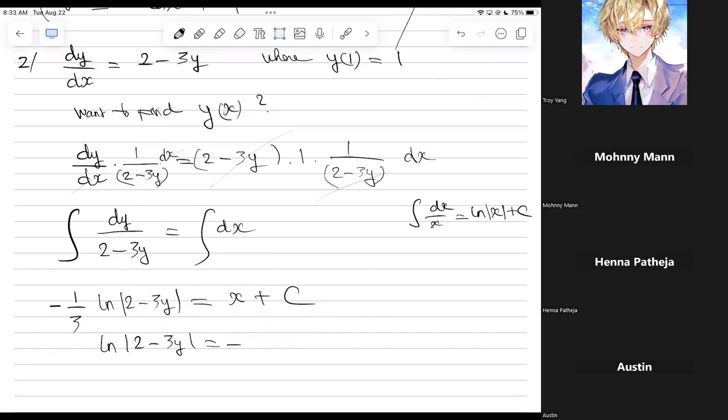I will get -3x minus 3c. -3c right here is the constant. A constant only depends on the independent variable. So I can replace -3c right here by the other c.